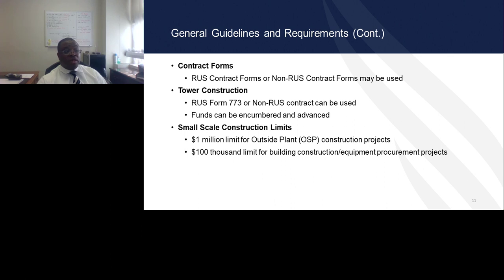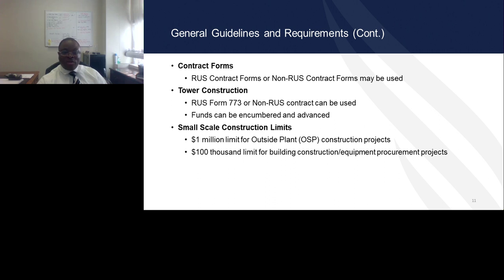This would be the only construction type where funds will be encumbered and advanced on the FRS. All other 773 contracts will be funded under small-scale construction that we'll be addressing in upcoming slides.